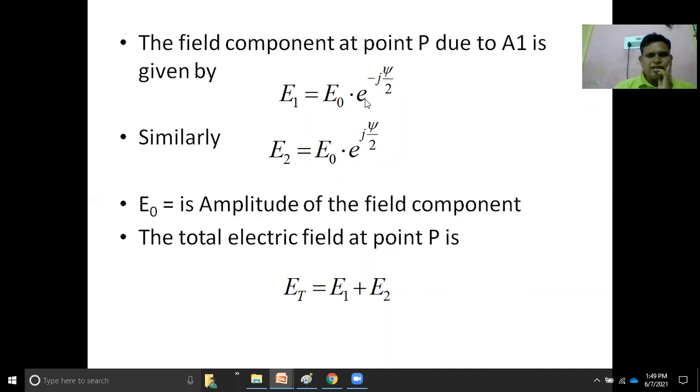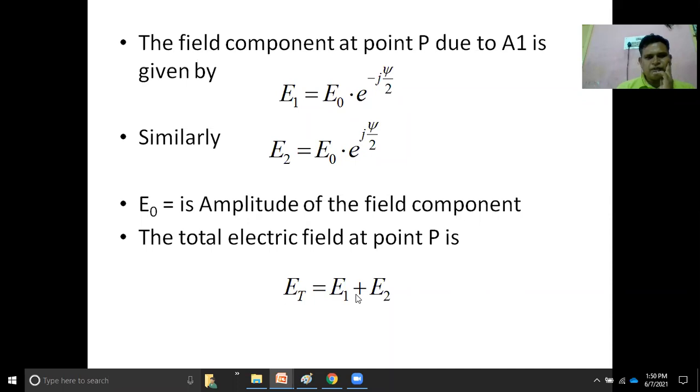E1 is equal to E naught e power minus j psi by 2, and similarly the electric field due to the isotropic source at A2 is represented as E2 is equal to E naught e power j psi by 2. Because of the path difference, we are using minus psi by 2 and plus psi by 2. From here the derivation is very simple. The resultant electric field is E1 plus E2.